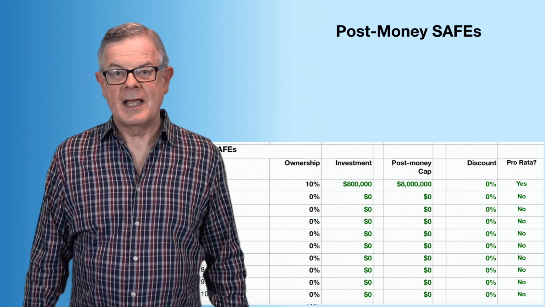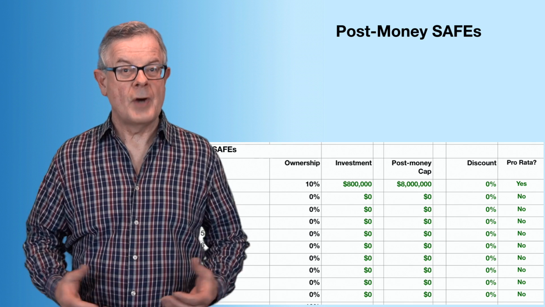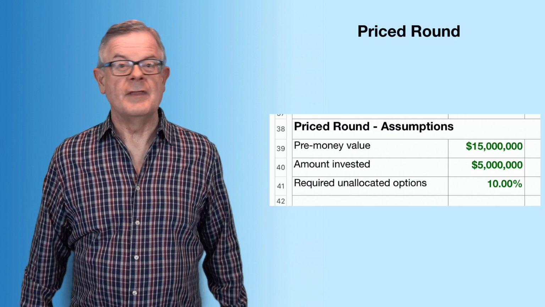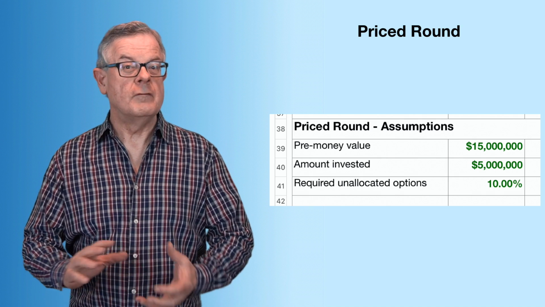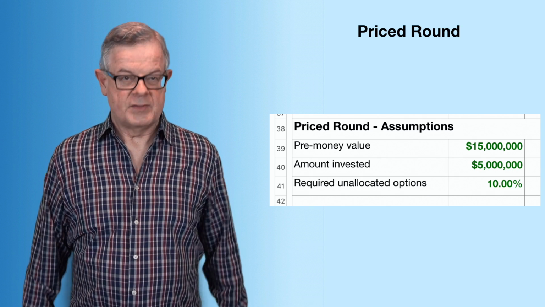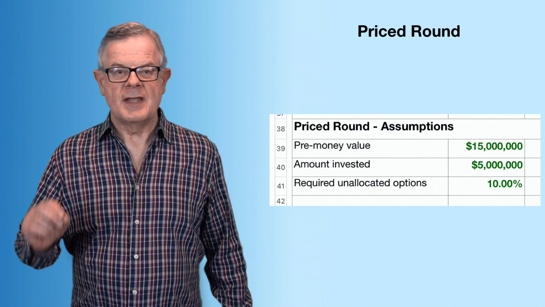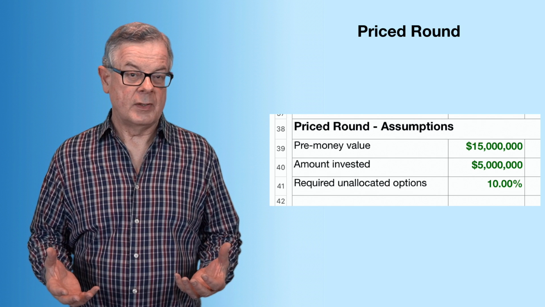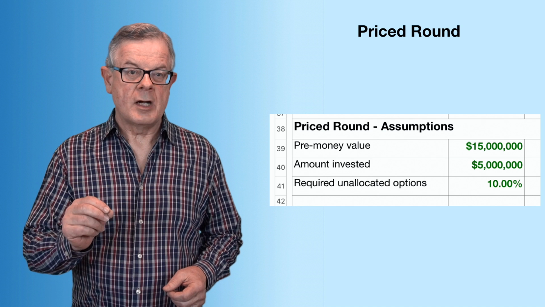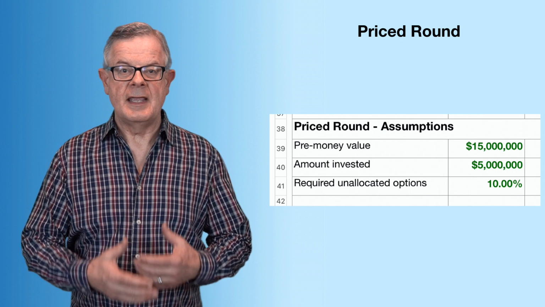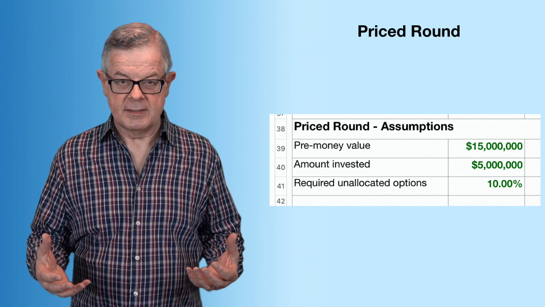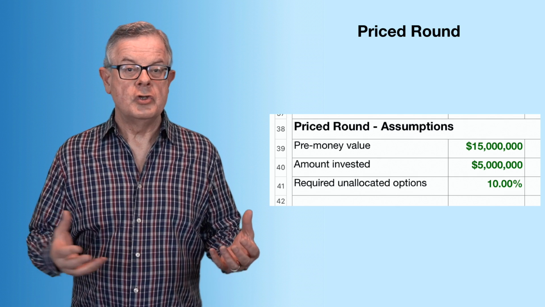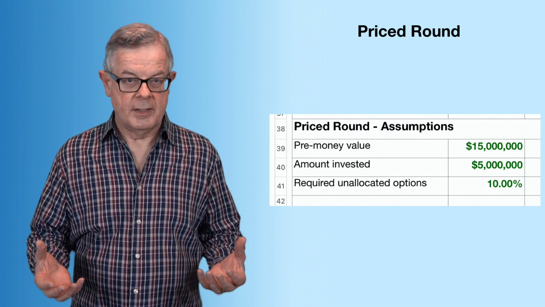All right, so that documents all of the inputs prior to the Series A investment. Now let's take a look at the terms of the actual investment round that's going to convert these securities. Again, sticking with the Y Combinator example, it's a $15 million pre-money valuation, a $5 million investment, and a requirement that the company allocate a total of 10% of the company's fully diluted shares to a stock option pool that's uncommitted.